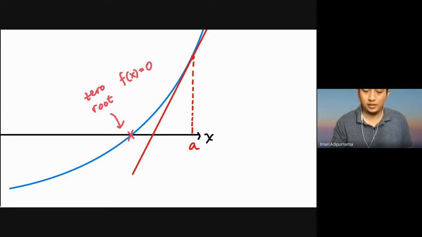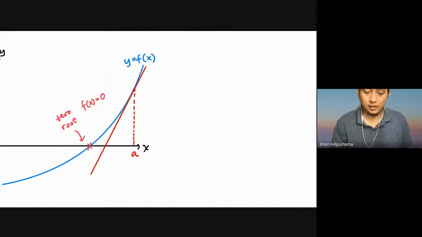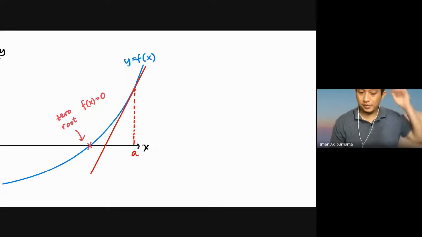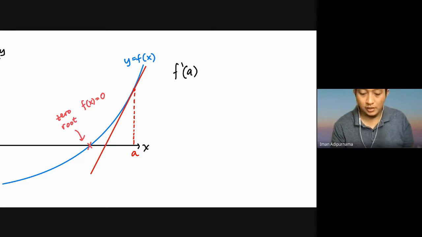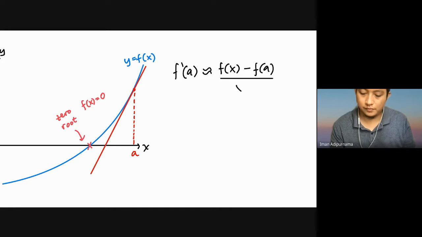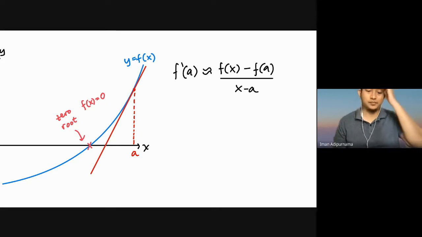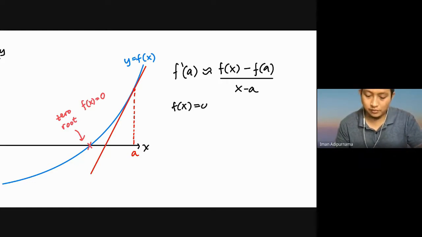Okay, let me write the terms from the previous slide. You have f prime a. So when x is near a, you can approximate with this calculation, right?